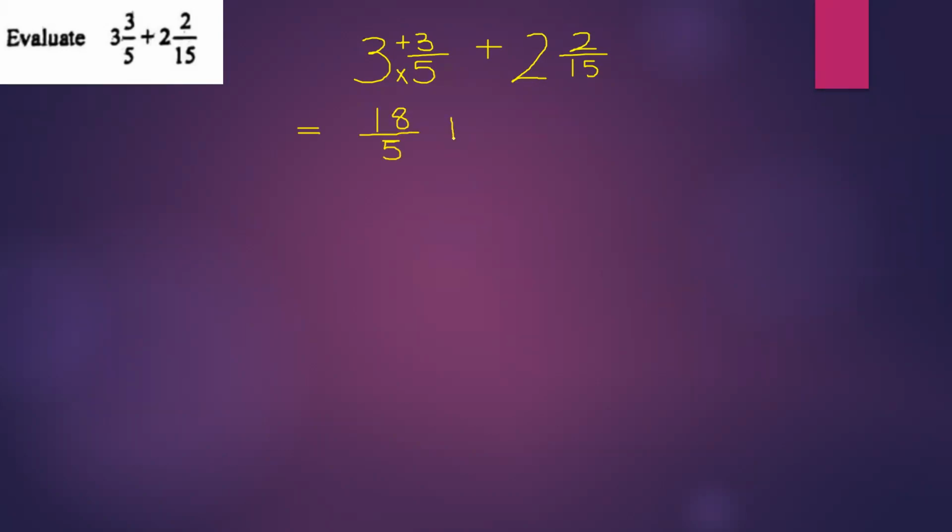Plus 2 times 15 is 30, 30 plus 2 is 32. It's going to be 32 over 15. Good.